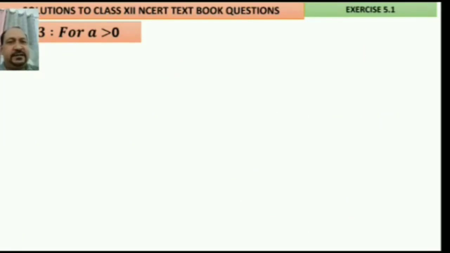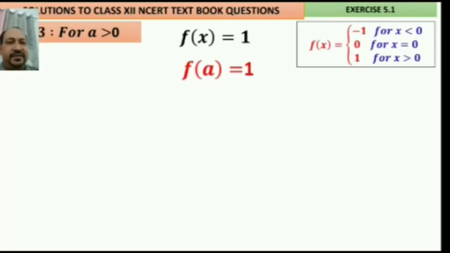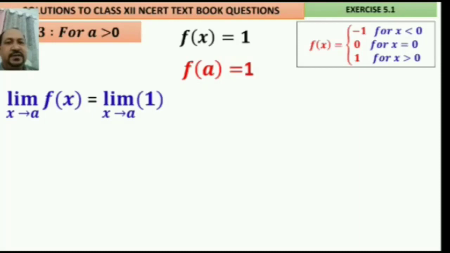Now for case 3, when a is greater than 0, f of x equal to 1. When x is greater than 0, the value of the function is 1. So f of x equal to 1. Therefore, f of a is also equal to 1. Limit x goes to a f of x equal to limit x goes to a 1, which is also equal to 1.